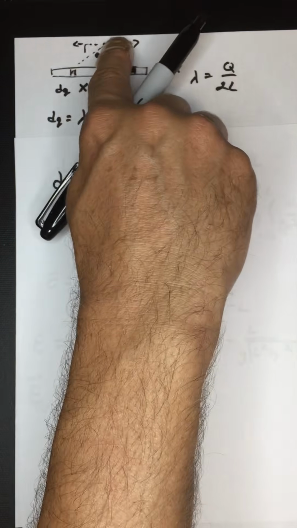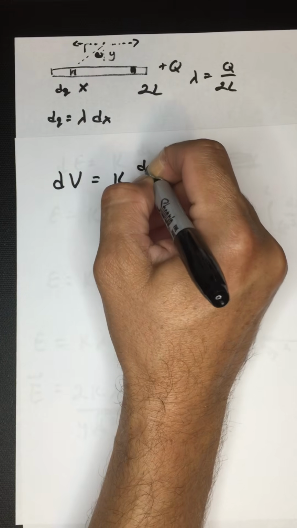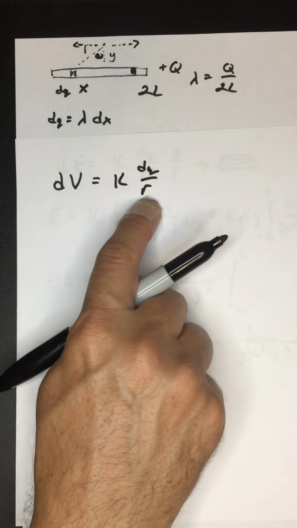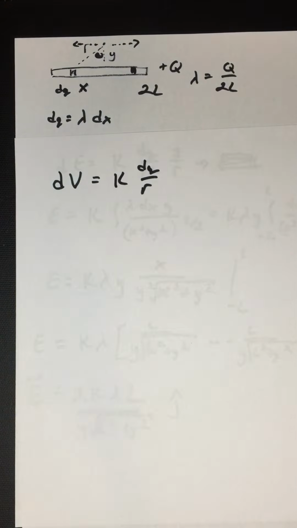This is the potential at this point, due to the contribution of one of these dq's, which gets me k dq over r. Just that simple. No r squared. I don't have a cosine of theta coming in because this is not a vector. There's not a component to throw away. I just have dV there, right?